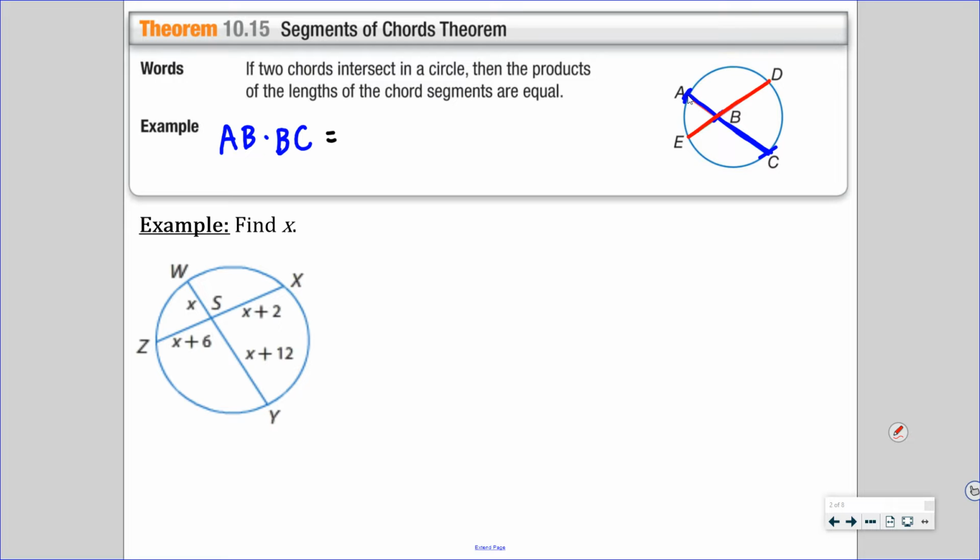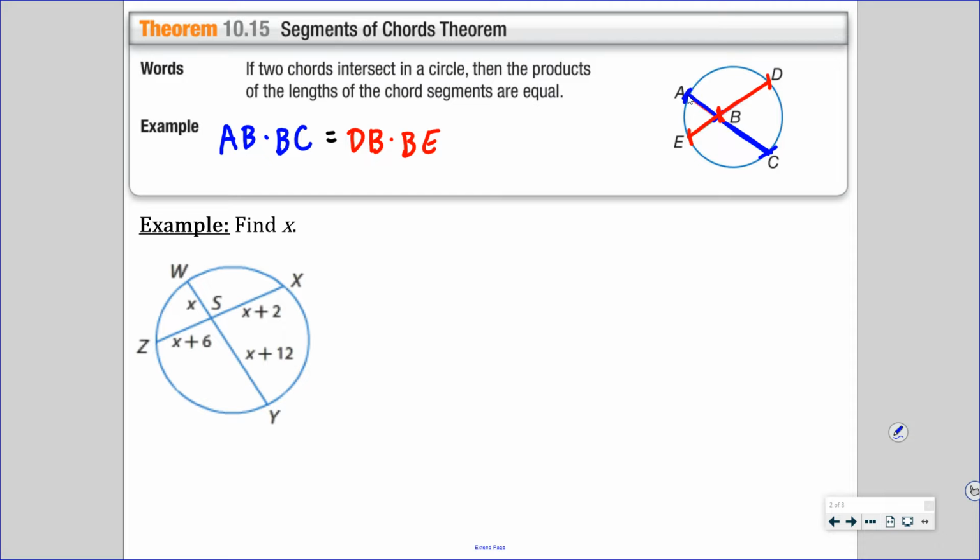So this is my chord, DB times BE. That's always going to hold true. Notice how, since they're chords, they're always going to intersect inside the circle, right? Because there's a different rule with secants and tangents when they intersect outside the circle.